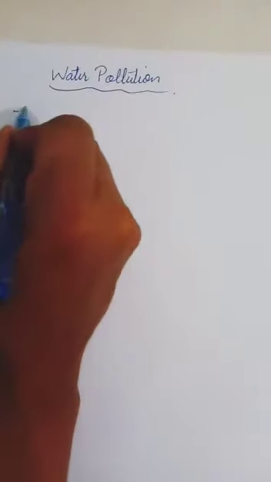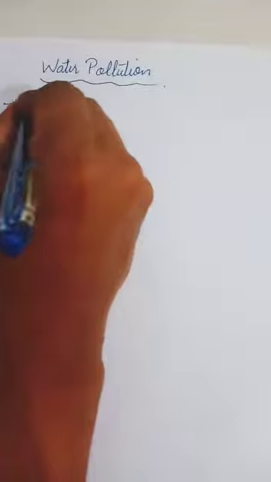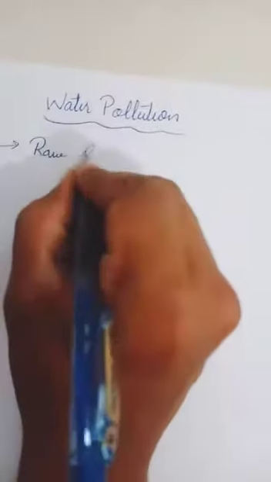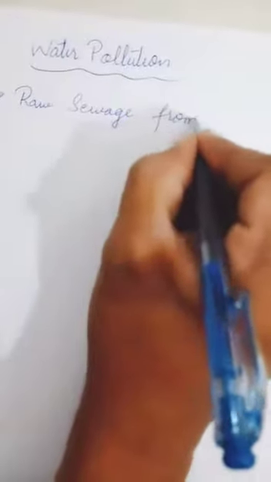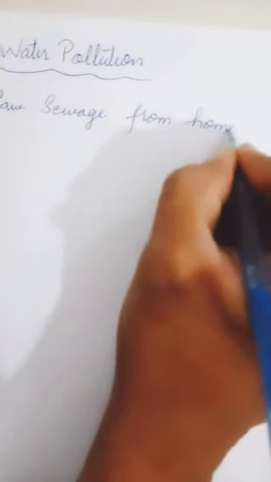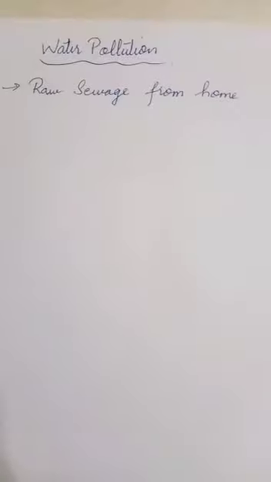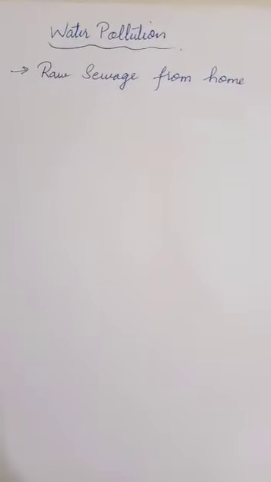So today our topic of discussion is water pollution. First of all, we are going to discuss the consequences of water pollution. There are basically two consequences. One is raw sewage from homes that is discharged into the rivers and sea.